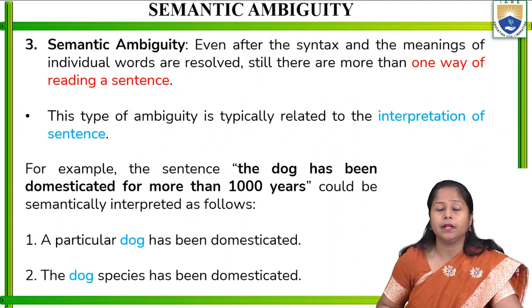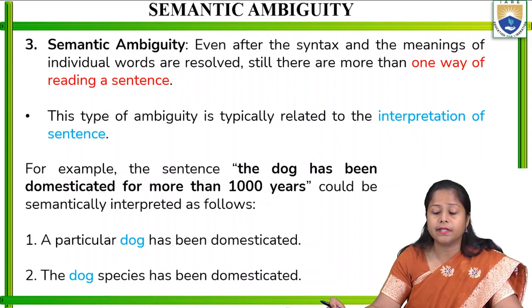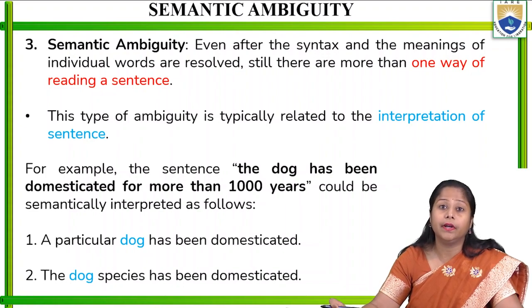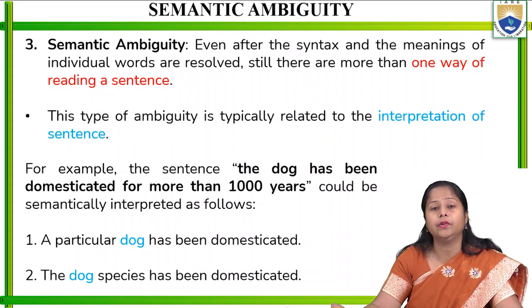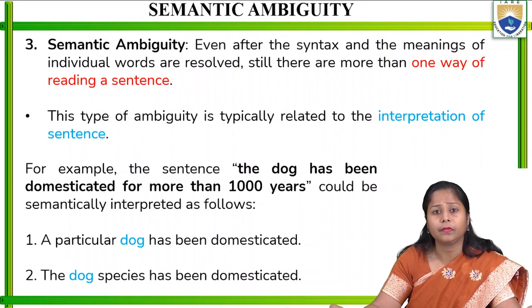Now let's move to the other type of ambiguity, that is semantic ambiguity. Even after the syntax and the meaning of individual words are resolved, there can still be more than one way of reading a sentence. So as a user, as a reader, when we read sentences, the way of reading the sentence can be different. This type of ambiguity is typically related to the interpretation of sentences, so what the reader is going to interpret in their context.